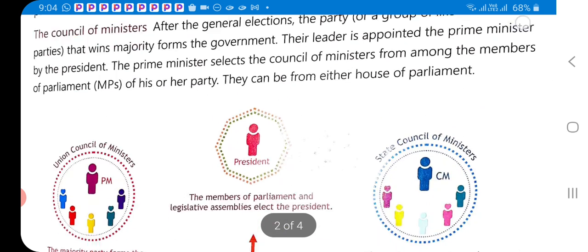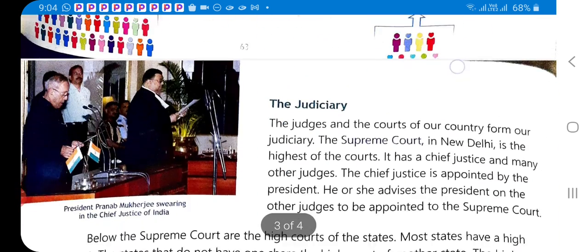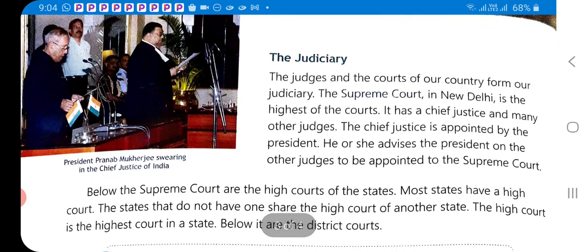The judiciary. Now, what do we include in the judiciary? The judges and the courts of our country form our judiciary. We have the Supreme Court at the central level. In the states, we have high courts, and at district level, we have district courts. The Supreme Court in New Delhi is the highest of the courts.